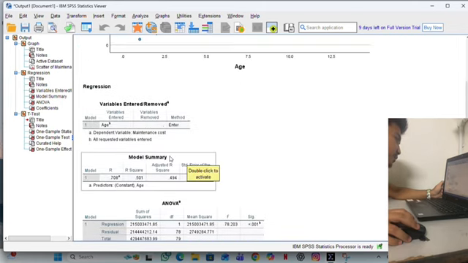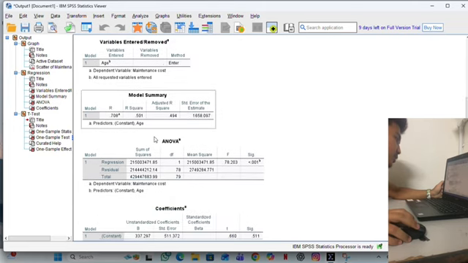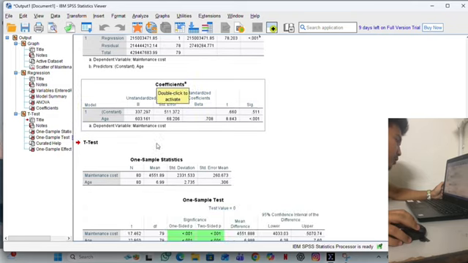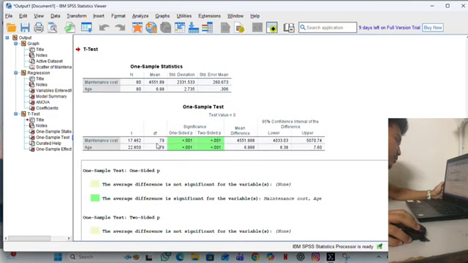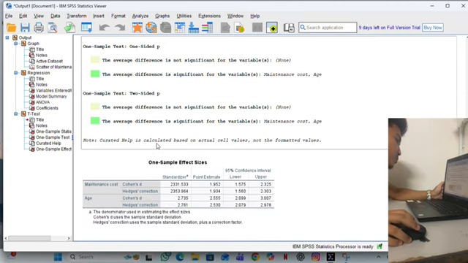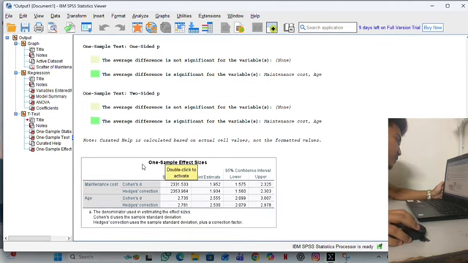First, the null hypothesis states the slope is less than or equal to 0, and the alternative hypothesis states the slope is greater than 0.